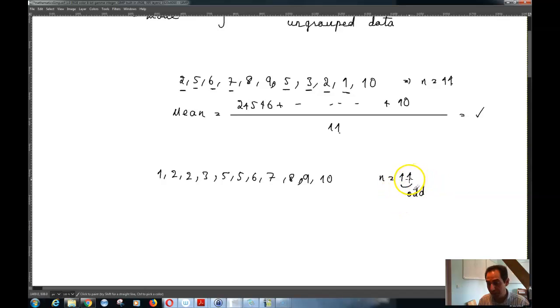Suppose, for example, that you have x, y, and z.